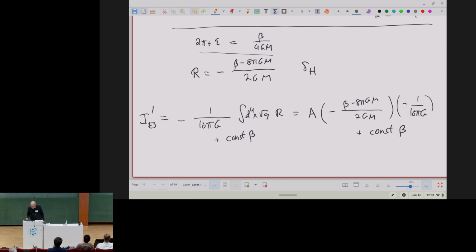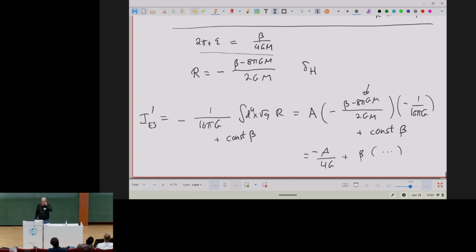We again got a term proportional to beta, which again won't contribute. So the only term we actually care about is this term. In that term, the M's cancel and some G's cancel. So we get A over 4G. There are three minus signs here, here, and here. So we get minus A over 4G plus beta times something. And we don't care about the coefficient of beta because it won't contribute to the entropy.